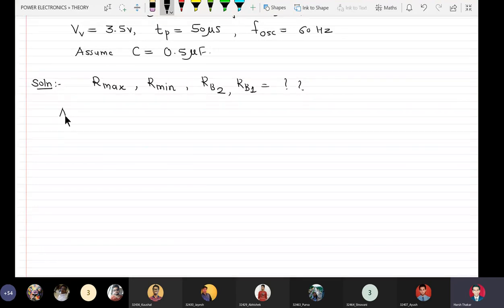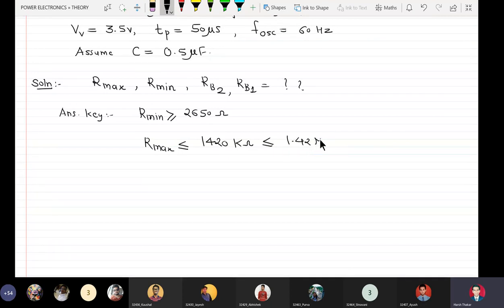So the answer key for this is: R min should be greater than or equal to 2650 ohm. The maximum allowable value R max should be less than 1420 kilo ohms, or in other words, less than or equal to 1.42 mega ohms.